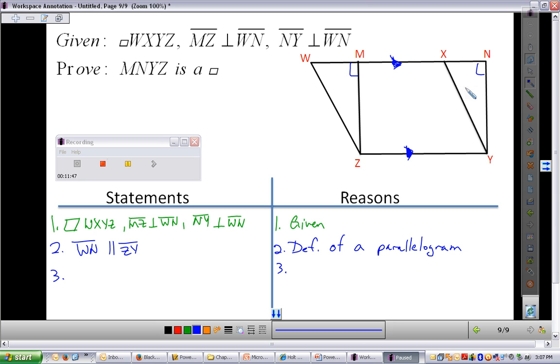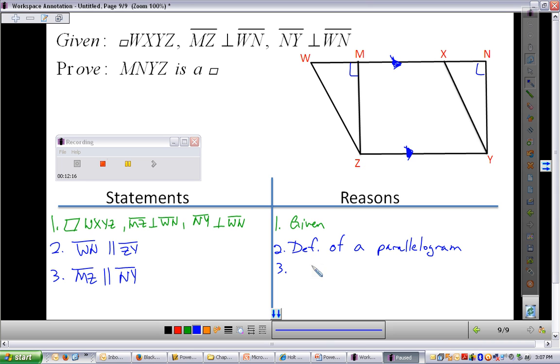If you remember back to chapter 2, I know it was a long time ago, but back to first semester, we had a theorem that said if two lines are perpendicular to the same line, then they are parallel. MZ is perpendicular to WN. Segment NY is perpendicular to WN. So that tells me that I can prove that segment MZ is parallel to segment NY.